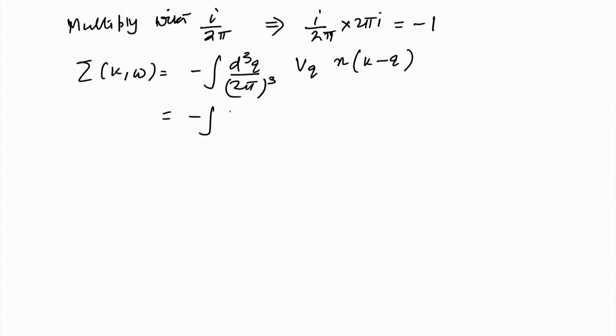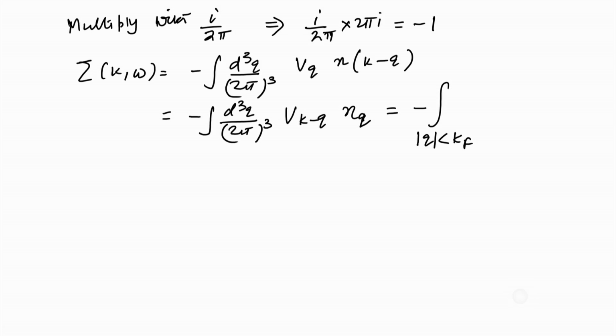So, that becomes equal to d cube q by 2 pi whole cube, and I have a v k minus q n q. I can simply write this as, because n q is a number operator which will have a value equal to 1 at t equal to 0 for q less than k f only.